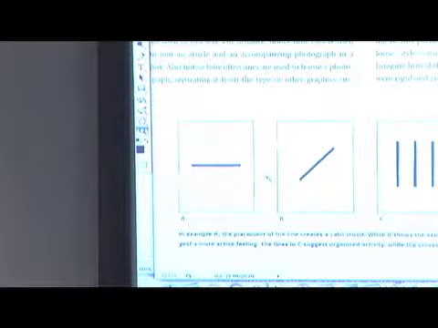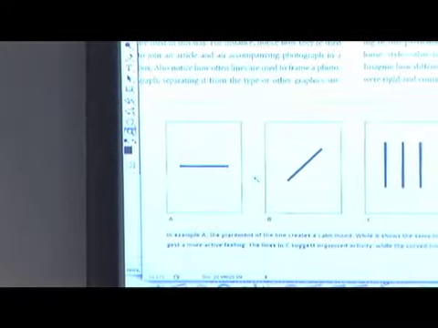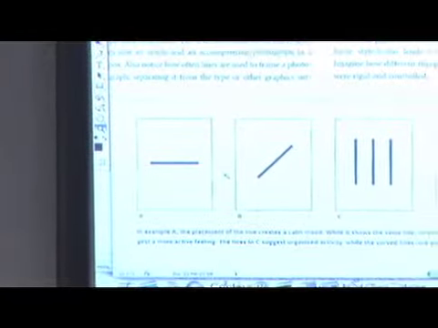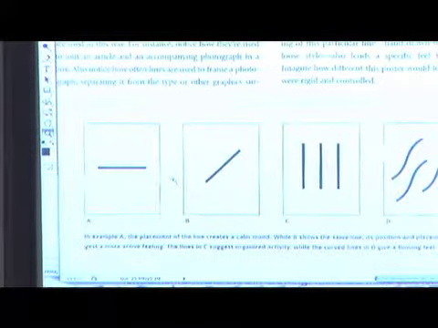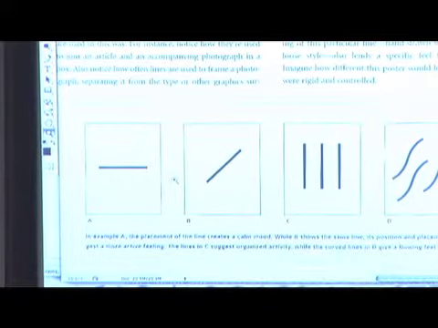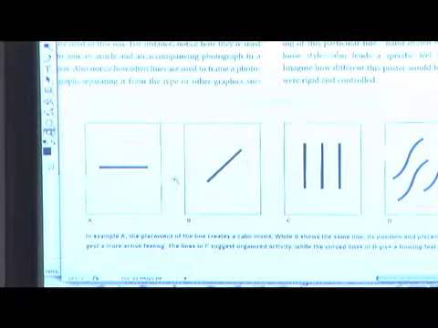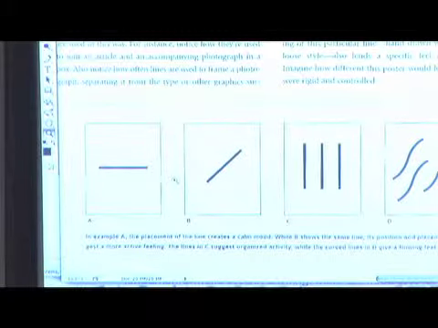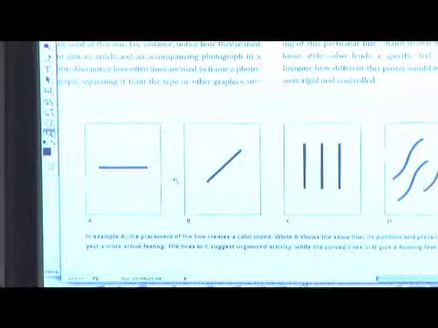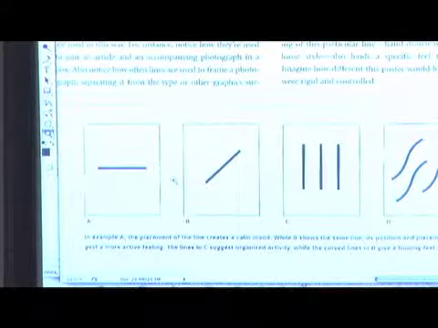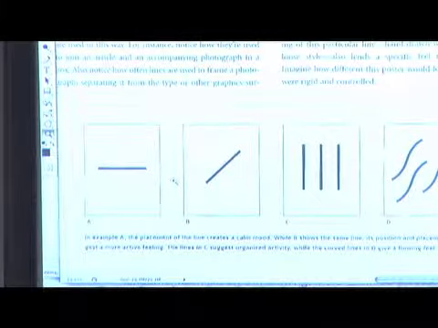Peaceful, you said, right? Exactly. Now look at the diagonal line right next to it. What kind of feeling do you get from that one? Falling from the sky. What else? Is it more dynamic, more active?